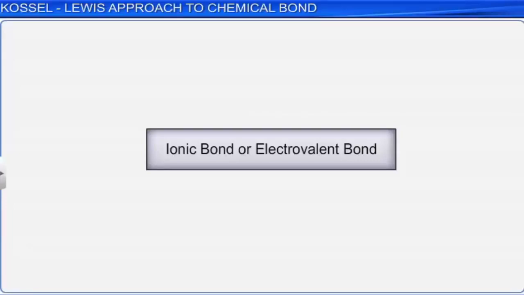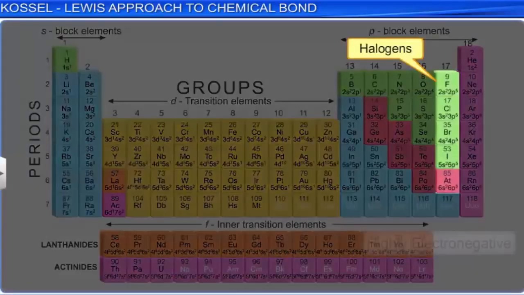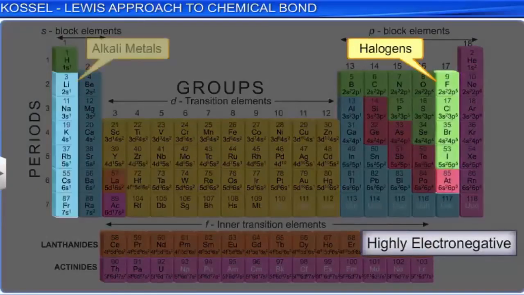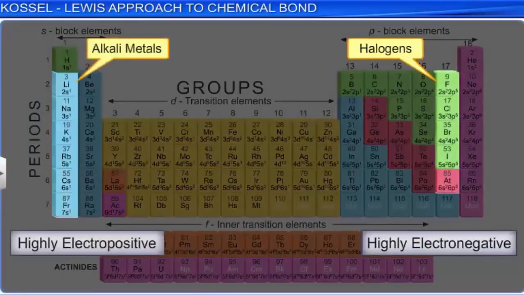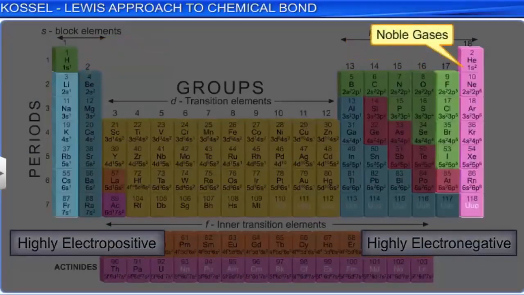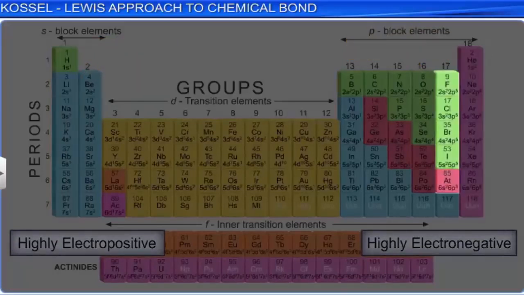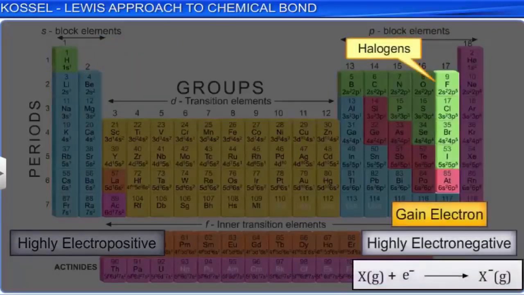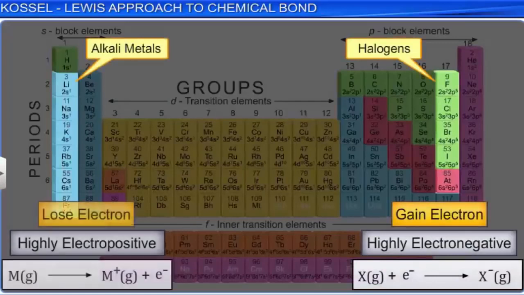Now, let us look at the formation of ionic bond or electrovalent bond, which was explained by Roussel by considering the following facts. Halogens which are highly electronegative and alkali metals which are highly electropositive are separated by noble gases in the periodic table. Hence, halogens gain an electron, whereas alkali metals lose an electron to form negative and positive ions respectively.